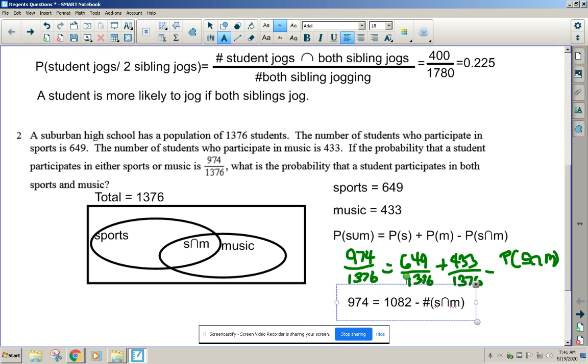First and foremost, if I don't want to have a negative number of sports and music, then I can move this to the other side. It becomes positive, the number of sports and music.